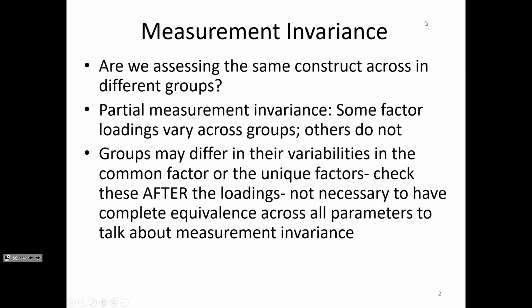At a certain point, I think everybody would say you'd better be able to impose equality constraints across the majority of your items. This is where people might quibble. I think if you can't do it for a majority of your items, you're sunk. But some people might say it should be three-quarters of your items, whereas others might say at least half. And some people might say you should really only have one or two non-invariant items.